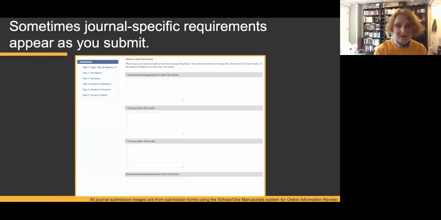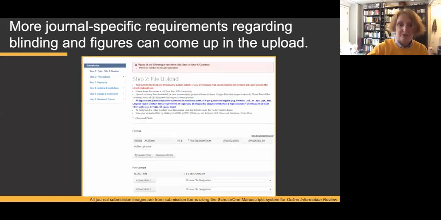But I personally have had the experience of discovering when I got to this point that they were much more specific about what they wanted for the length of each of the portions of the structured abstract than I had been, which meant that I had to go back and revise the abstract when I got to this point. And so this is just a reminder to first read the instructions carefully beforehand, but then also to be prepared to spend a little bit more time and even possibly have to revise your article as you're doing something that just seems like it's a little bit of paperwork.